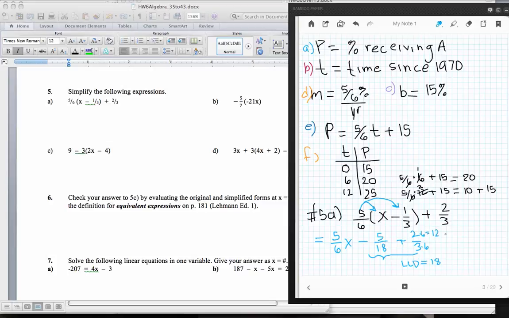So now I see I have 12 and I have -5. So simplifying this completely, I'm going to get 5/6x, and then plus 12 minus 5, and those are going to be 18ths. And 12 minus 5 is going to give me 7, and those are 7/18ths. And that's it. All done.